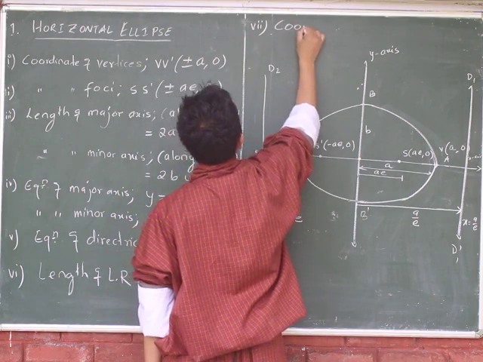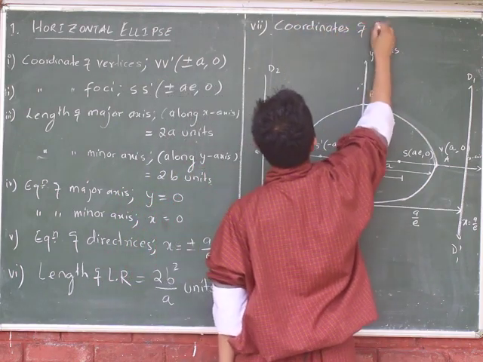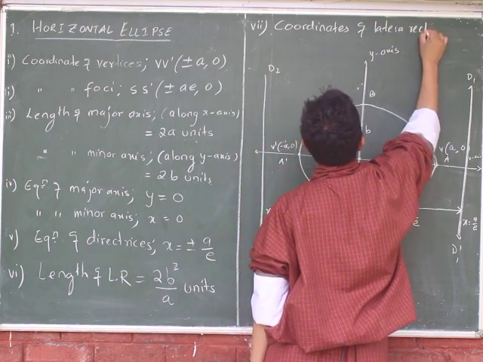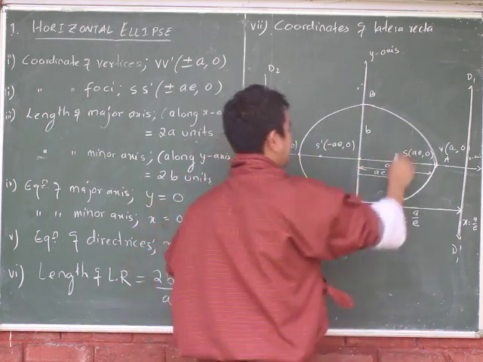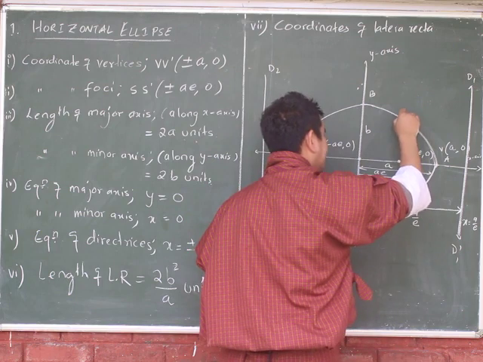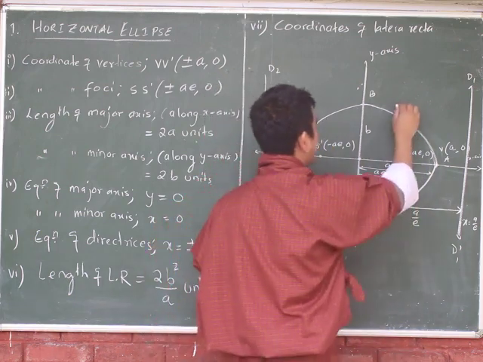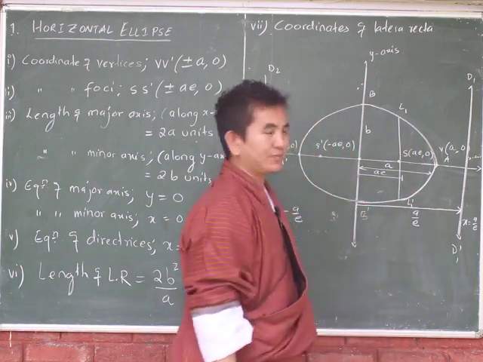coordinates of lateral recta. Now let's see, in this case, coordinates of lateral recta. See, this is a latus rectum. A line passing through the focus is called latus rectum. Say this one is L1, this becomes L1 dash.